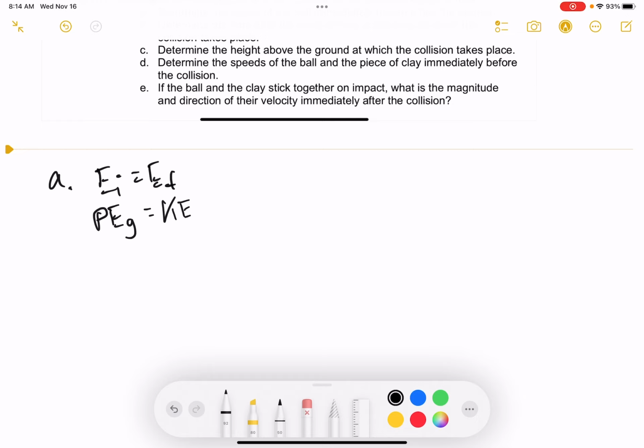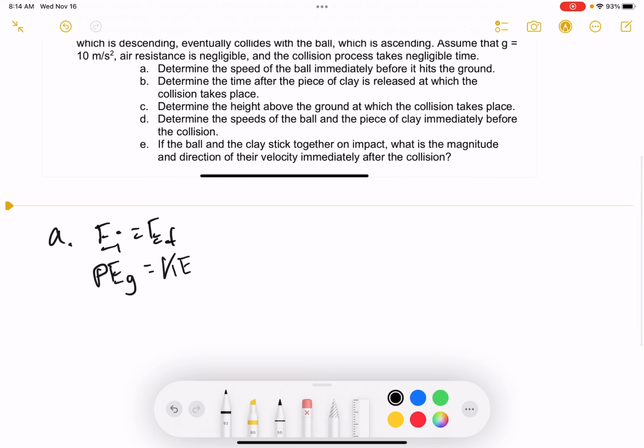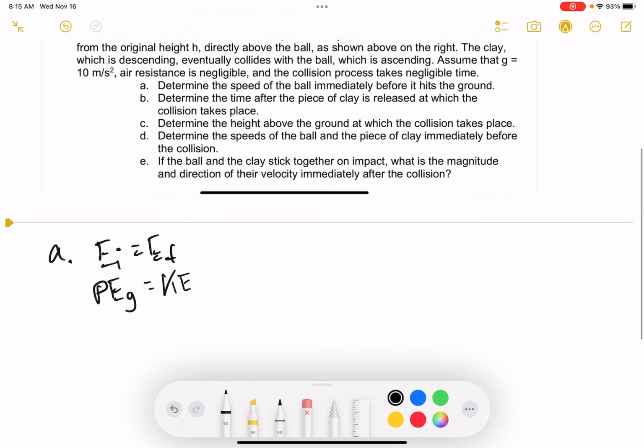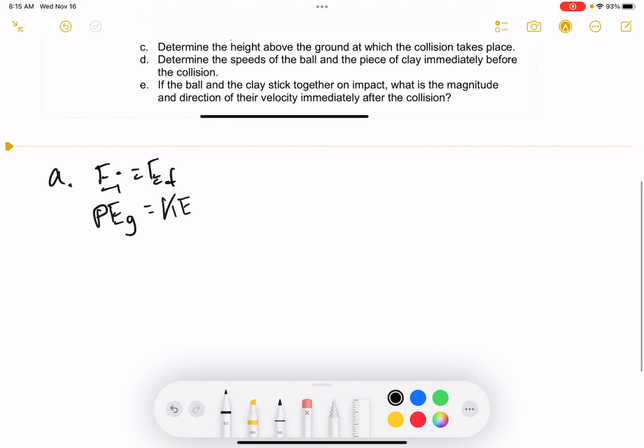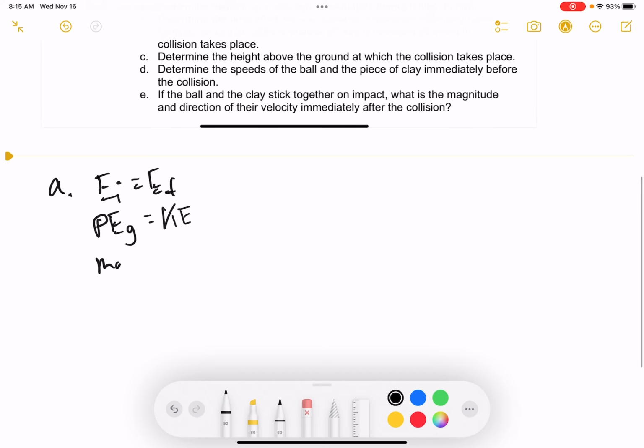And we know that the kinetic energy right before it hits the ground and right after it hits the ground will be the same amount of kinetic energy because it is an elastic collision, okay? So I just have mgh equals 1/2 mv squared. M's cancel.